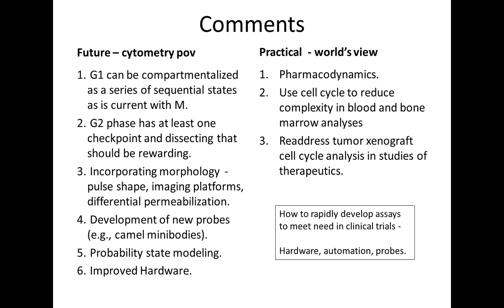This is about where we and others have taken multiparametric cell cycle analysis. So I'd like to make a few comments, and then I'll present some of our recent work. Since I can imagine critics saying that this is all nice, but what real value is this complicated analysis, I'll start on the right side of this slide first.